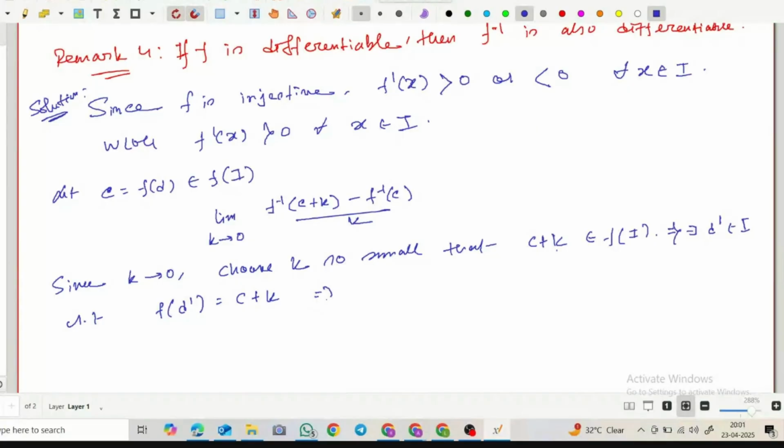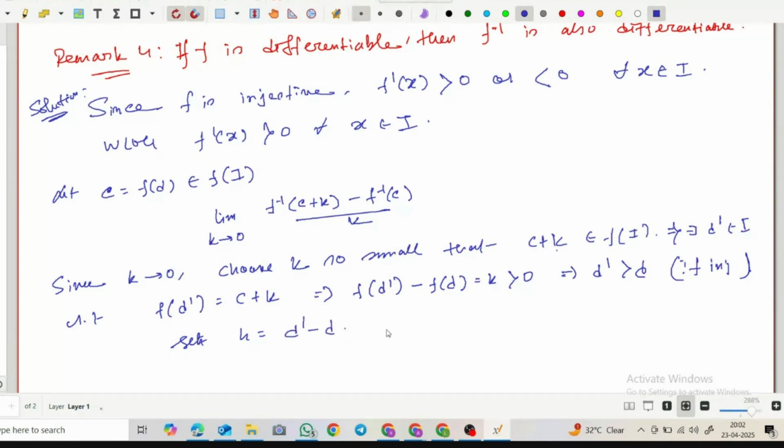Okay. f of d prime, you put c equals f(d) here, minus f(d) equals k, which is greater than 0. So f(d prime) is greater than f(d). This implies d prime is greater than d because f is injective. Okay, set h equals d prime minus d. Then we have f of d plus h is f of c plus k. Put them here.